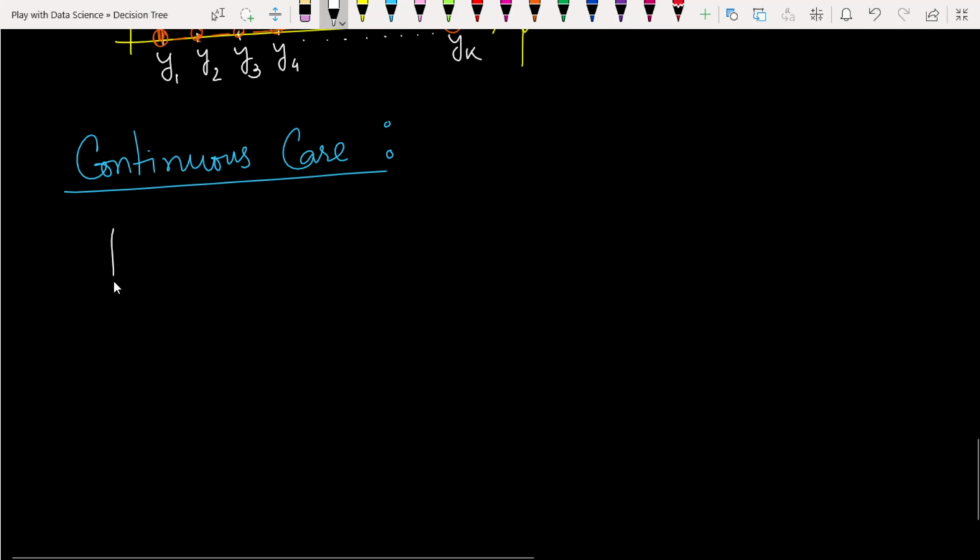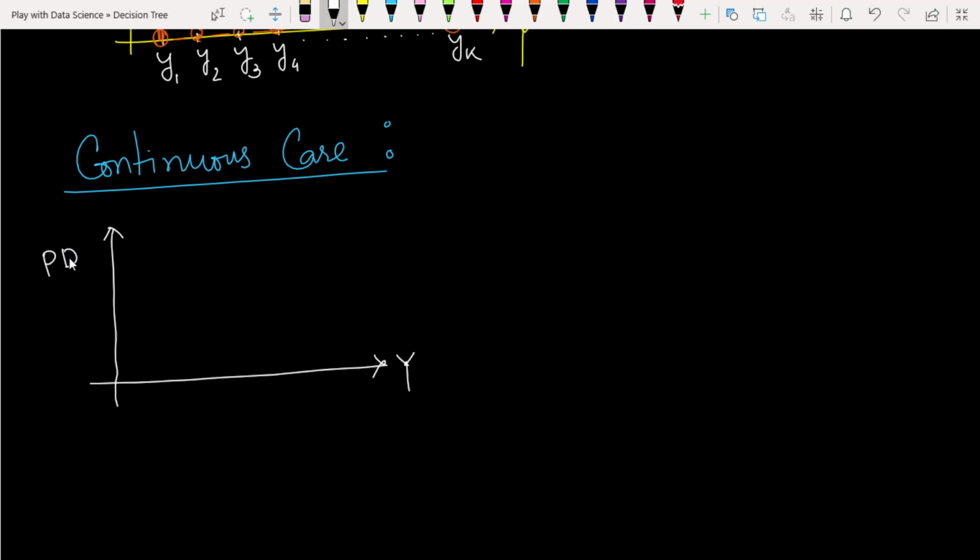Suppose this is our random variable y, and this is the corresponding probability density function.